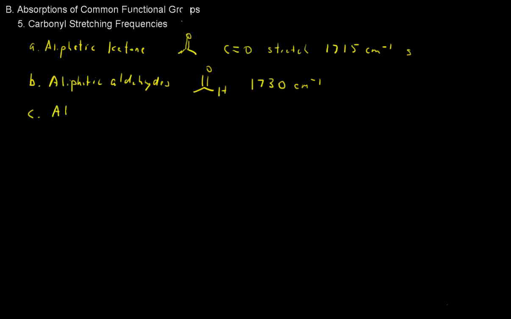Aliphatic means that there are no double or triple bonds near the carbonyl. Typically, esters absorb at slightly higher frequencies than aldehydes or ketones, usually in the region of about 1750 to about 1735.